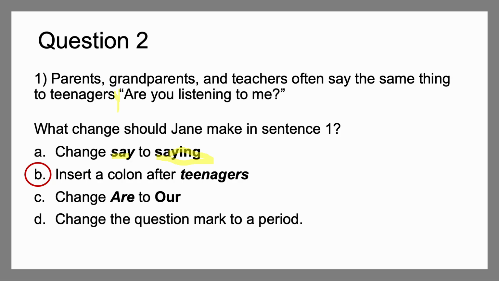Should I probably change it to "saying"? No, because this is a quote. It's not a part of the overall sentence. Don't use it as an indicator for your verb tense. The next one, "are" to "our," those are two completely different words. I am not changing it. It would change the entire sentence. And then finally, change the question mark to a period. Not about to do that, because the quote itself is asking the question, and that's why I need the question mark here. So that is the answer to that question.